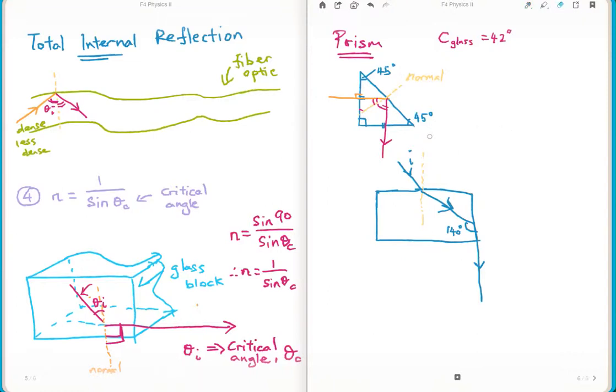Now, say for example, you need to identify your problem. So it's 140 degree. We do not measure angle from the surface or boundary, but from the normal. So you need to construct a normal line here, where normal line is always 90 degree. So obviously the angle from the normal here is 50 degree.